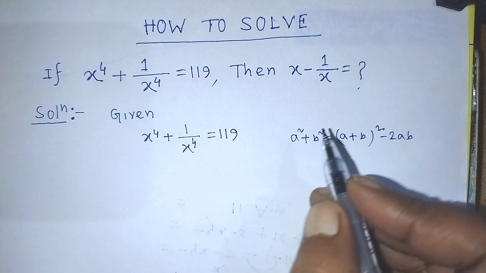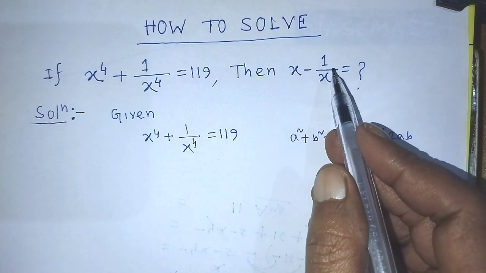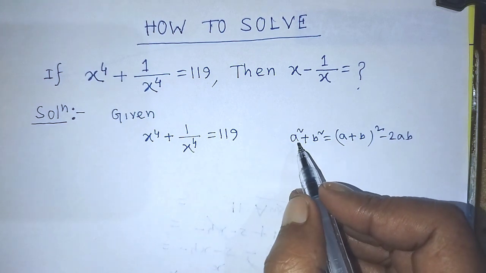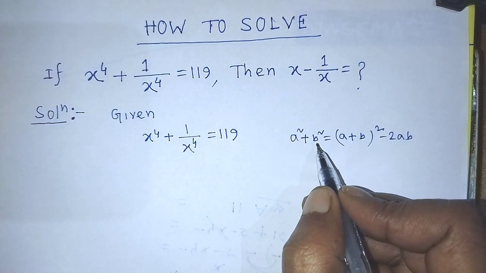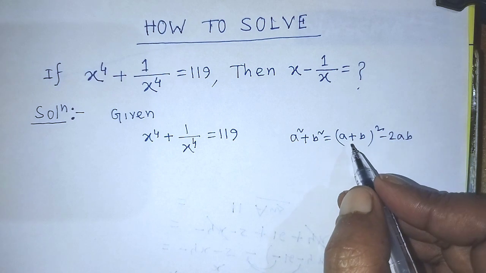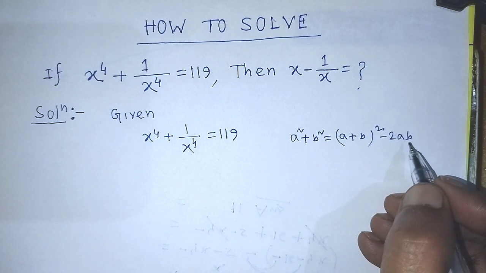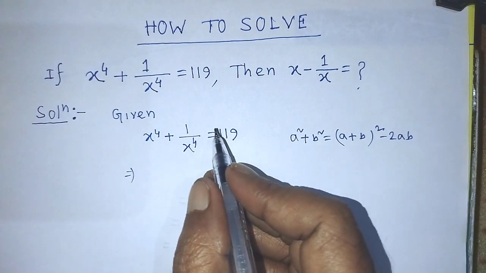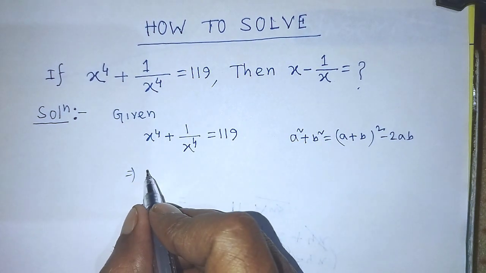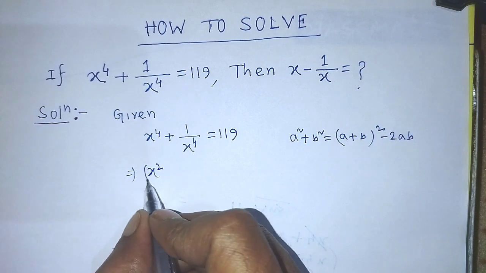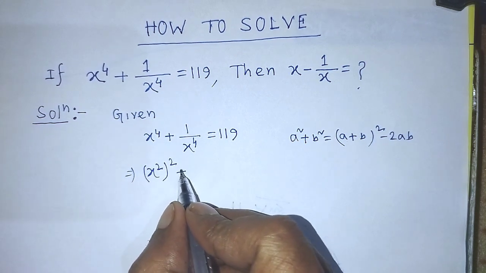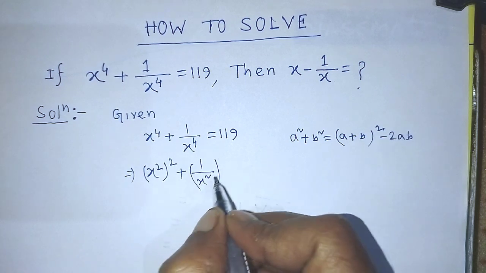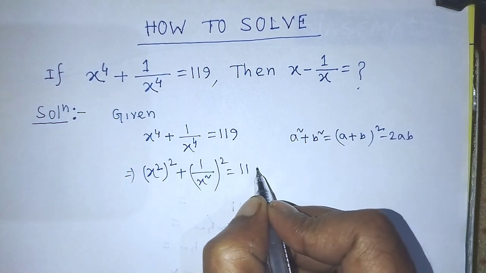So student, to find the value of x minus 1 over x from this equation, we have to apply the formula a square plus b square is equal to a plus b whole square minus 2ab on the left hand side of this equation. So now we can write from the left hand side x square whole to the power 2 plus 1 over x square whole to the power 2 is equal to 119.